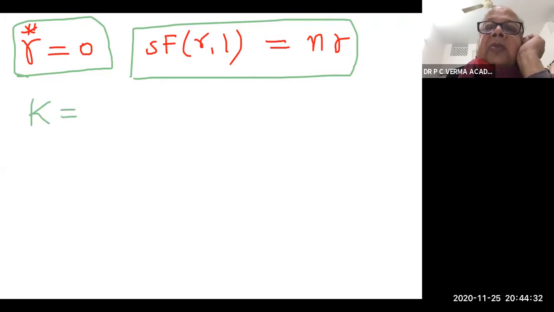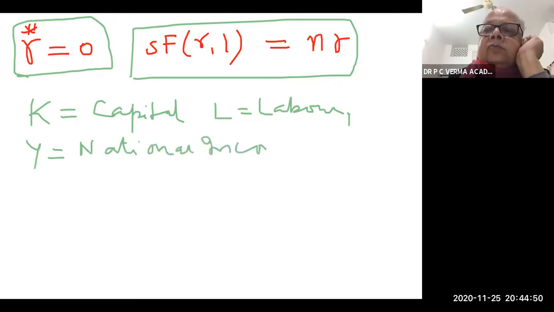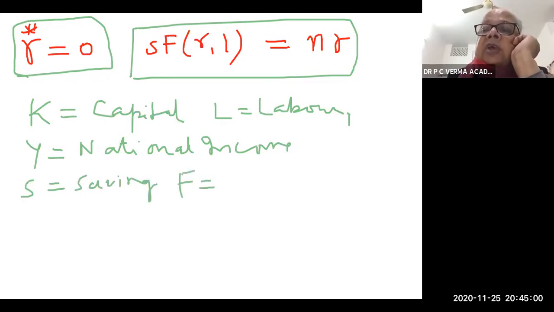K is capital, L is labor, Y is national income, S is saving, F is function.